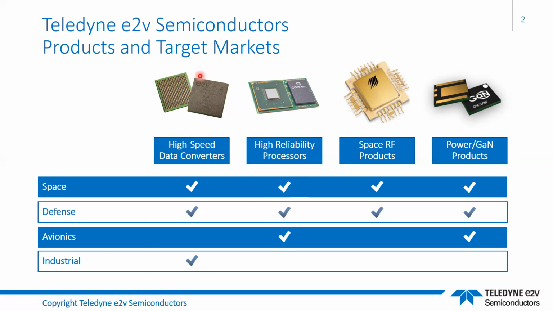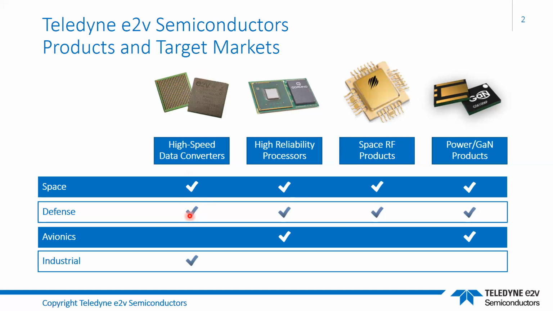For those of you who don't know Teledyne ETV semiconductor data converter products, we are generally in the gigasample per second ADC and DAC sample rate. We have a very good footprint in the space arena.